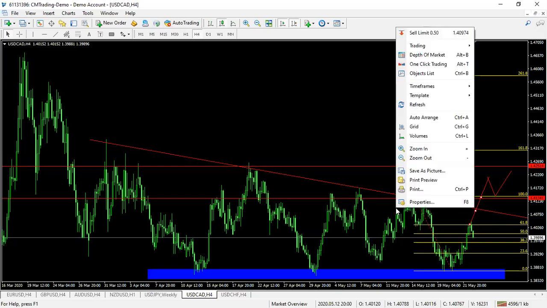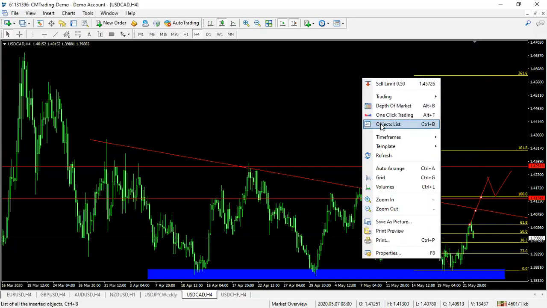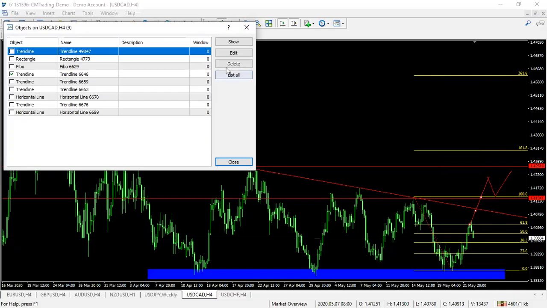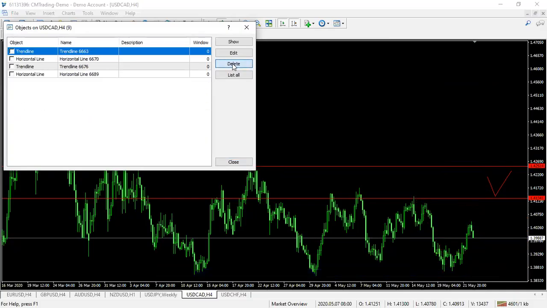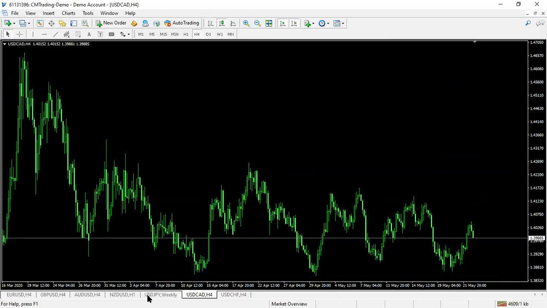Then one thing with plotting hizi Fibonacci ni every day you're going to spot a new swing. So yeah, Fibonacci, not the worst, but not the best.